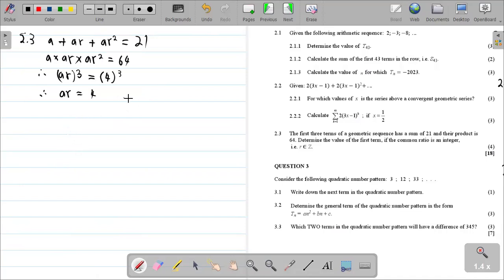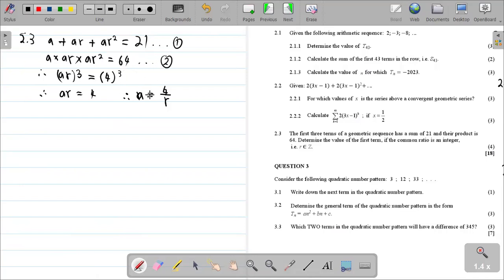So this means therefore, let's say a equals 4 over r, okay? A equals 4 over r, right? And then we can substitute 4 over r here, because we can say this is equation 1, and that is equation 2.